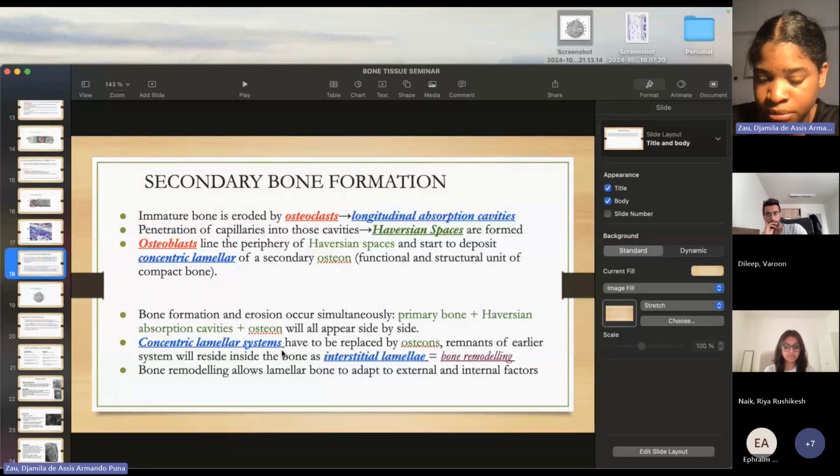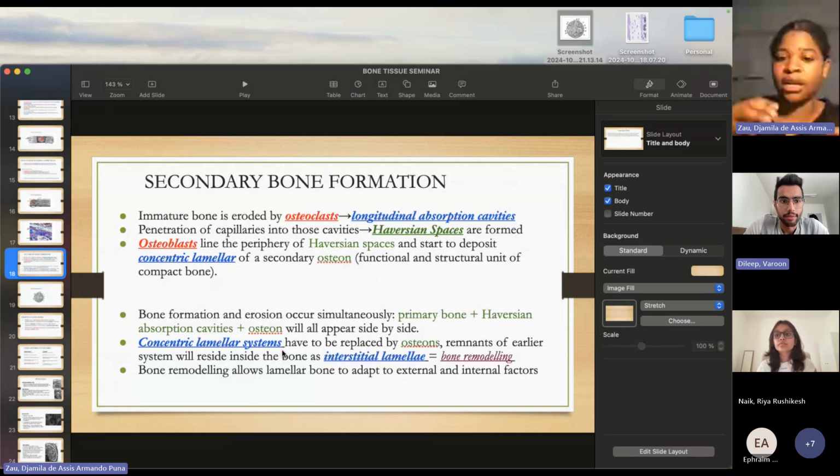The concentric lamellar systems have to be replaced by osteons, right?